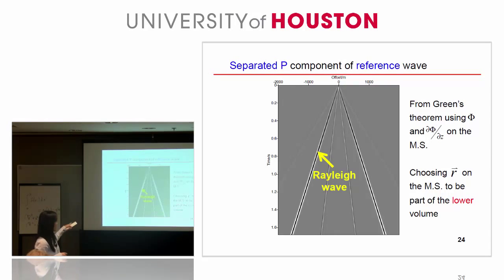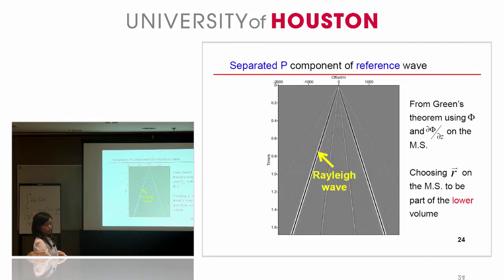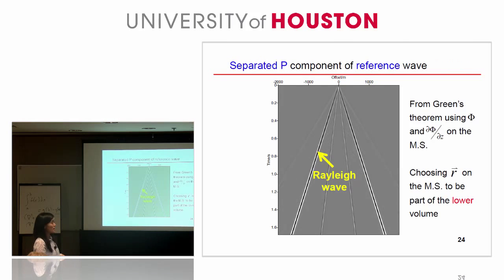Okay, now if we compare this separated reference wave with the reference wave of your data, you can see both the amplitude and the time are matching very well. And I'd like to remind you, we get this reference wave by applying the elastic gradient theorem using both phi and its gradient on the measurement surface.